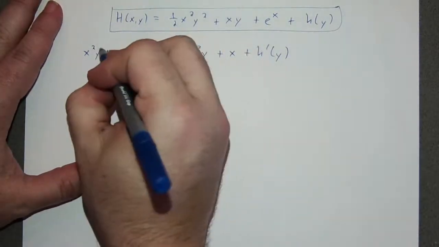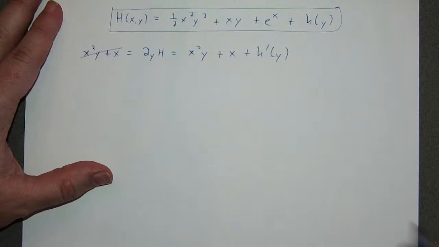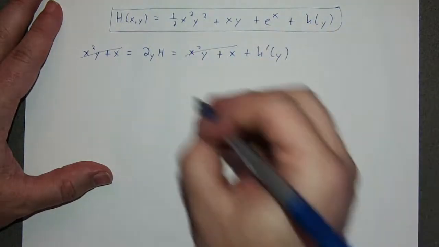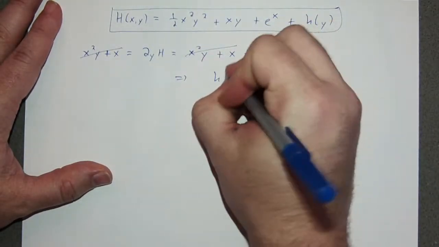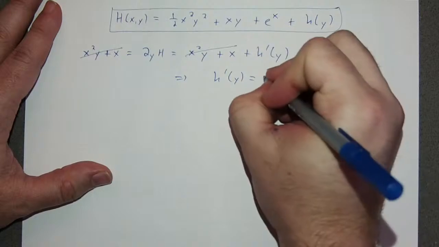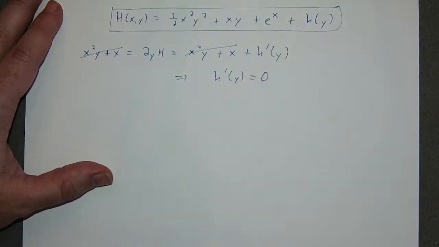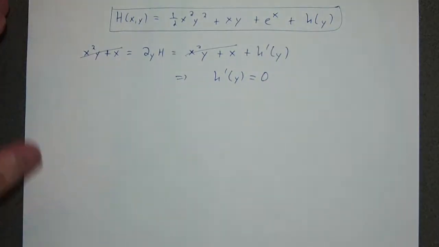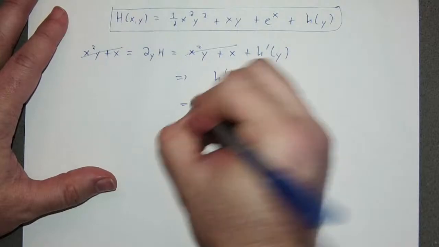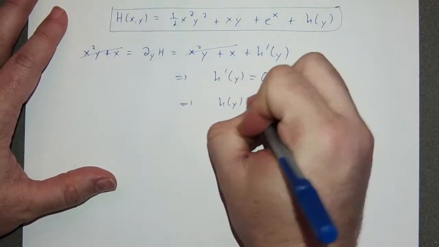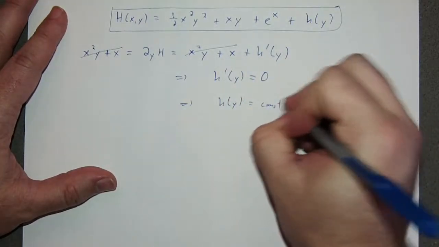Notice x squared y plus x cancels from both sides, and I'm left again with an expression that only depends on y here. Of course, y doesn't even show up. So if h prime of y is equal to 0, this means that h of y is equal to constant.